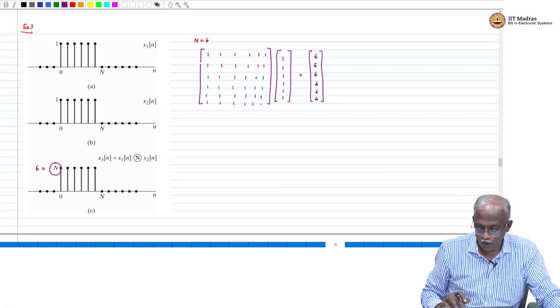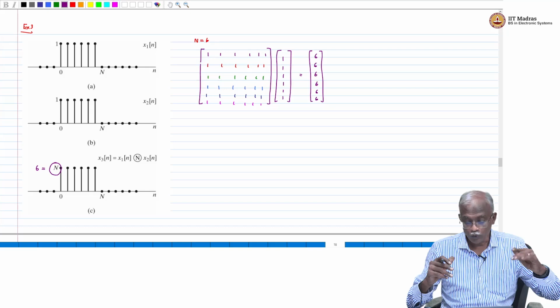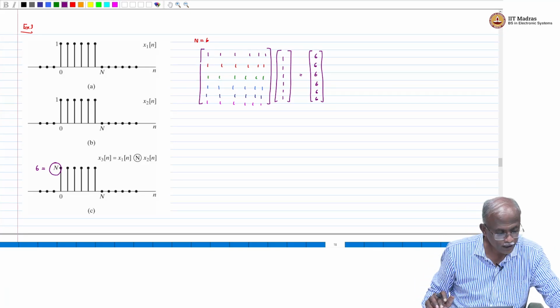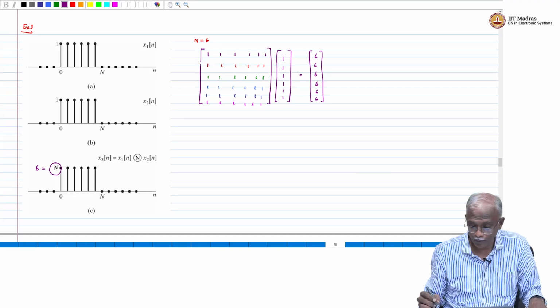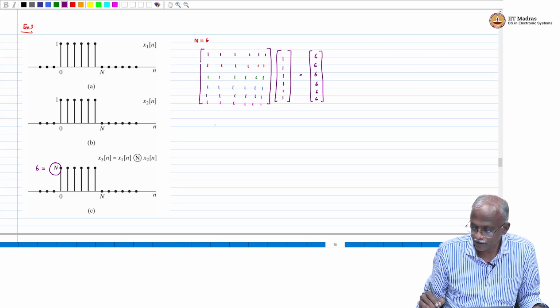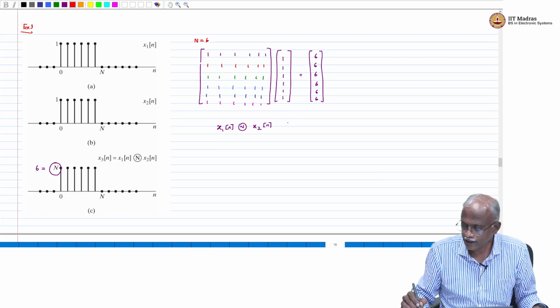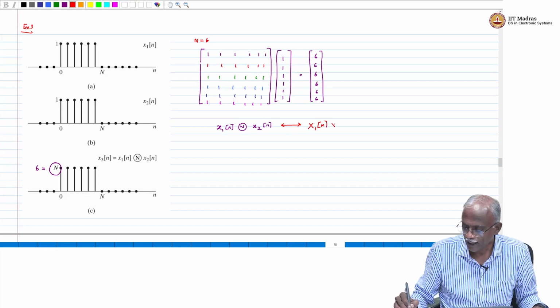Now, how could you have done it using the DFT process? When we say that we want to do x1 of n n-point convolved with x2 of n, we know that this corresponds to the DFT coefficients x1 of k and x2 of k.